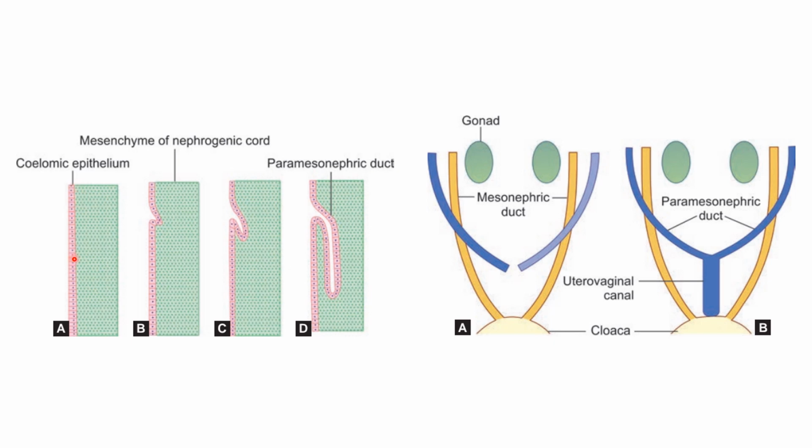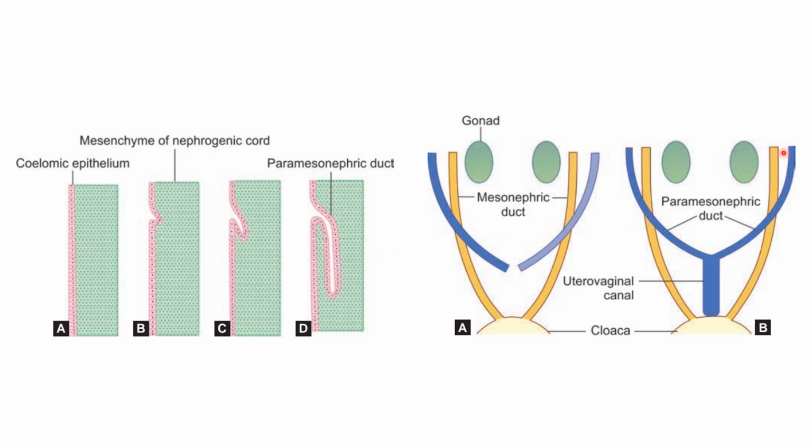So the coelomic epithelium of the urogenital ridge on the lateral aspect, they will invaginate into the urogenital ridge, and they lie lateral to the mesonephric duct in the cranial most part. You can see the process of invagination, and on further development that will form the paramesonephric duct.